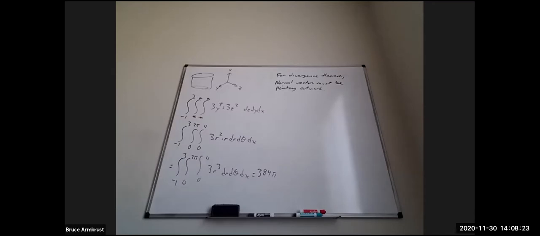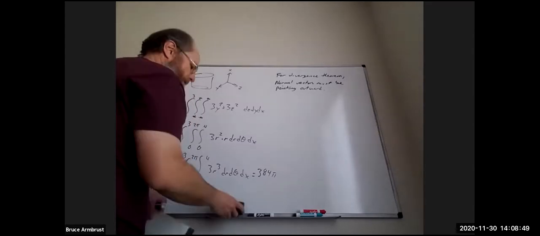I don't know that I really need to convince you how good this is or how useful it is, but I definitely want to show you another example before we just say, hey, here it is. And just to be clear, that means pointing outward from the surface.